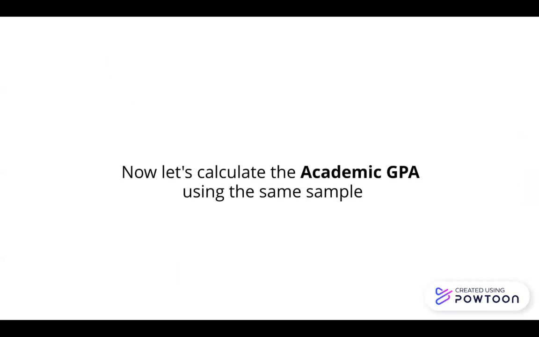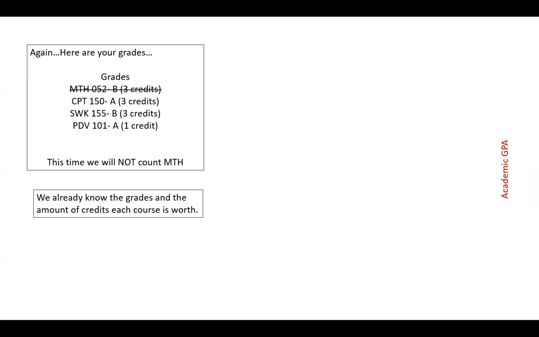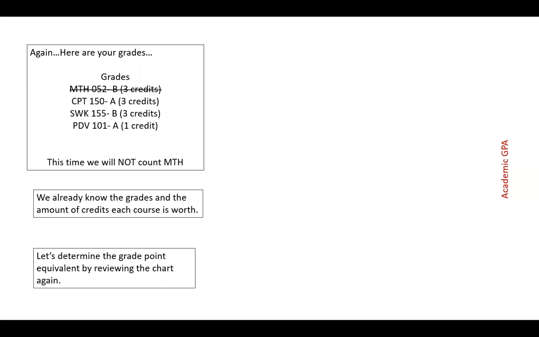Now, we're going to use that same sample and calculate your academic GPA. So again, here are all the grades. However, this time, we are not going to count the math class. So again, you already know the grades, the credits each course is worth.